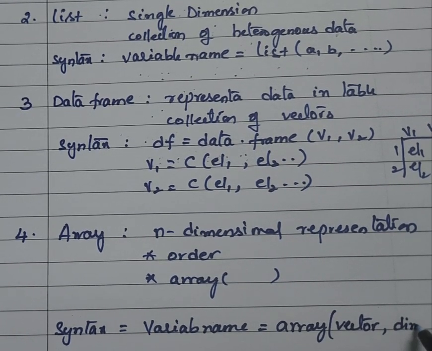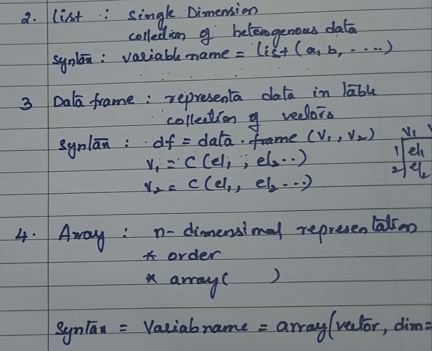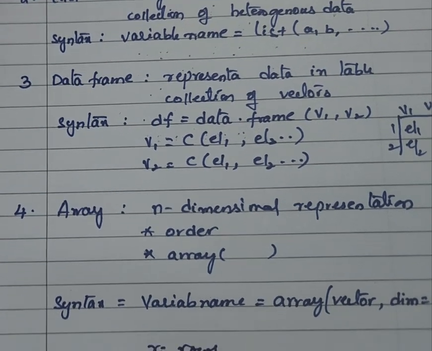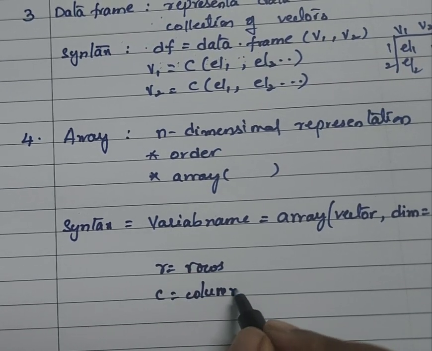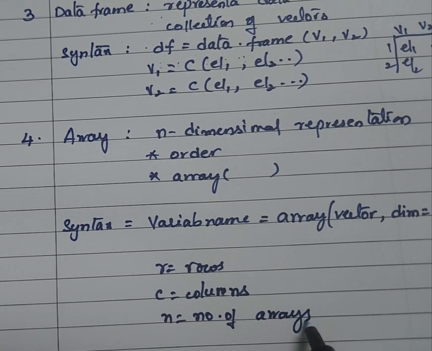comma dimension equal to c of R, C, n. Here R is equal to rows, C is equal to columns, and n is equal to number of arrays.